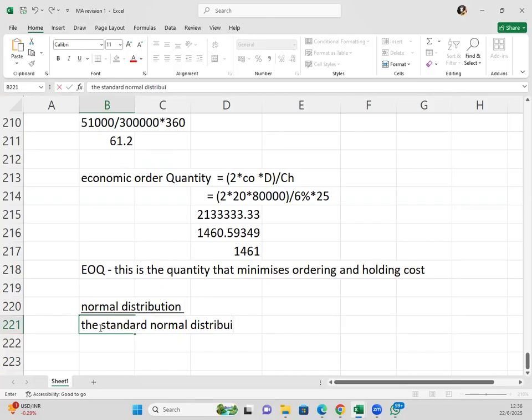The standard normal distribution has a mean of 0 and a standard deviation of 1.